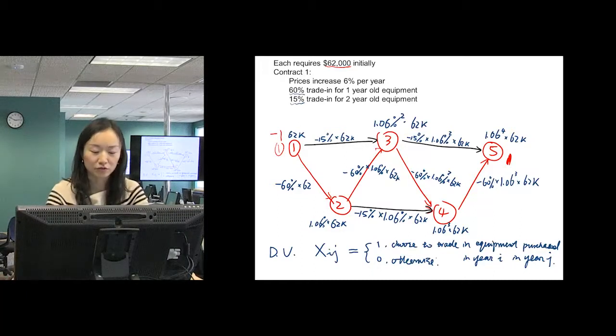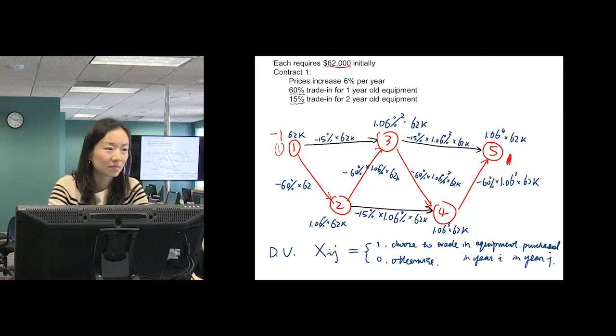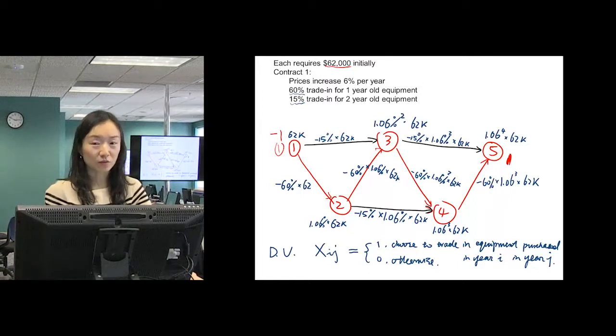If you have a better way to write this decision variable definition, please share. Or you can say xij equals 1 means in year J, choose to trade in the equipment that was purchased in year I. Either way works.